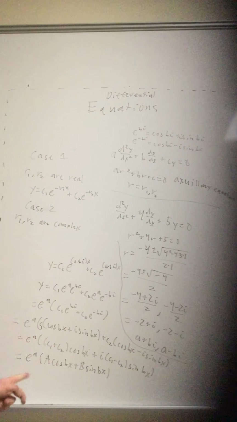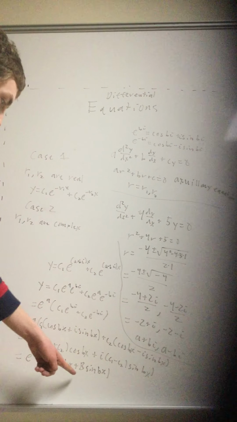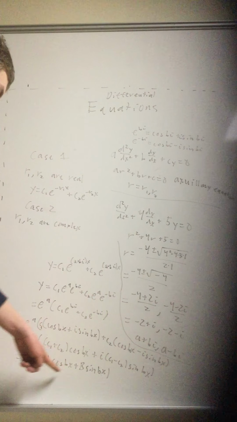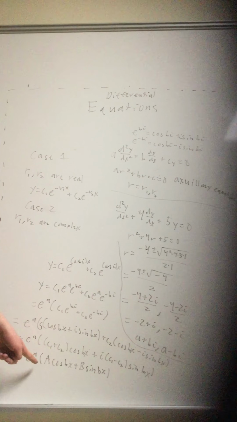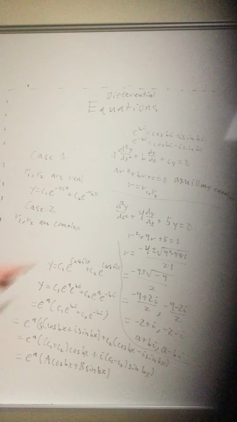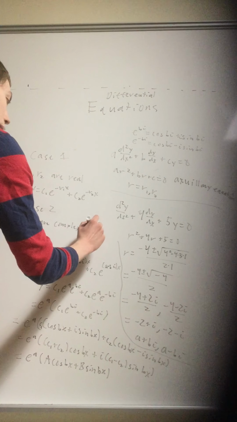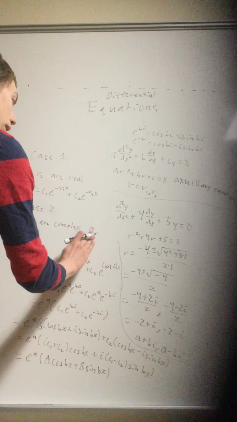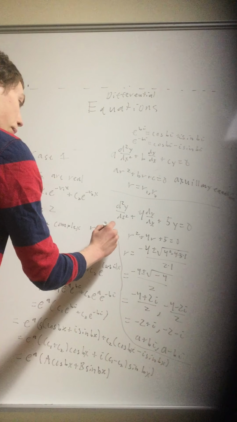And as you can see, this imaginary unit, even as an arbitrary constant, it doesn't really matter. So our solution was real. So case 2, r1 and r2 are complex. The solution, they will be r equals a plus or minus bi.